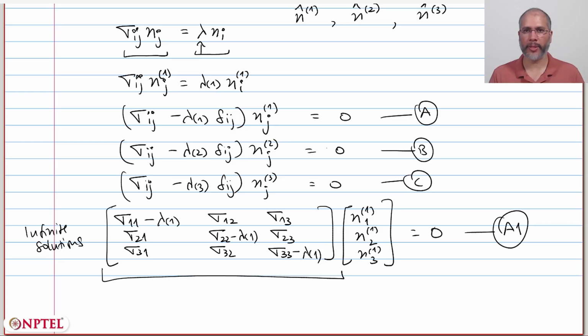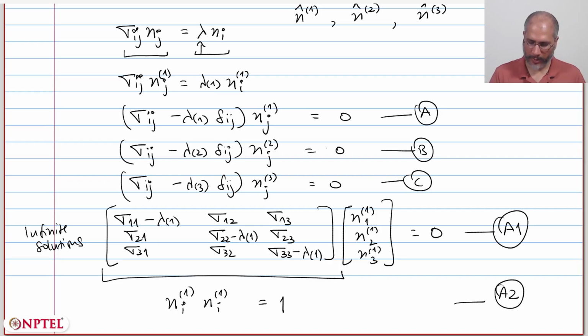But we cannot use just this equation for that, because this matrix is singular. It has in fact a rank 2. So we need to find one more equation, and that other equation is the property that n is a unit vector. So we can use n1i n1i, that is n dot n is equal to 1. So now using A1 and A2, we can evaluate the three n hat components.